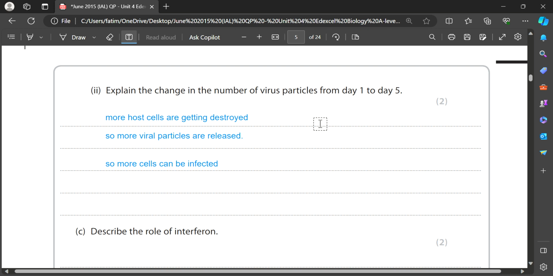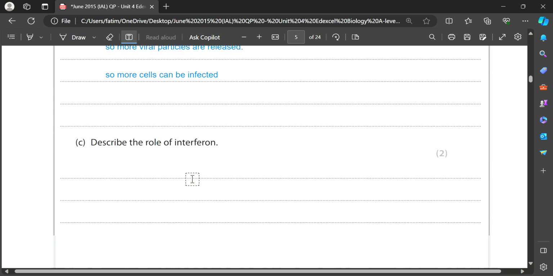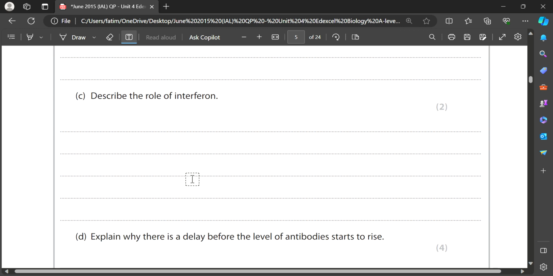And that's where the third question links to it. Describe the role of interferons. As I mentioned before, I did give you the definition of what interferons do. They inhibit viral replication. We can say stops viral replication, because they make sure that the virus can't attach to more host cells, so that other cells cannot be infected.